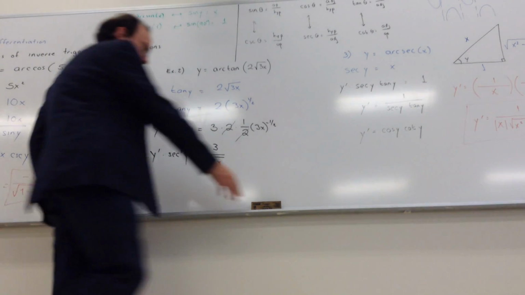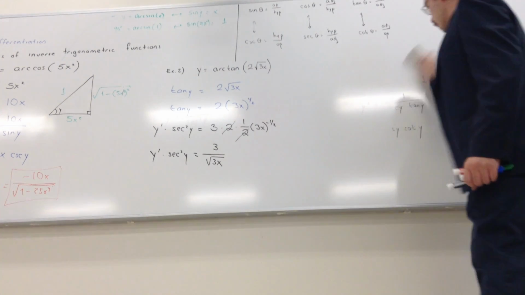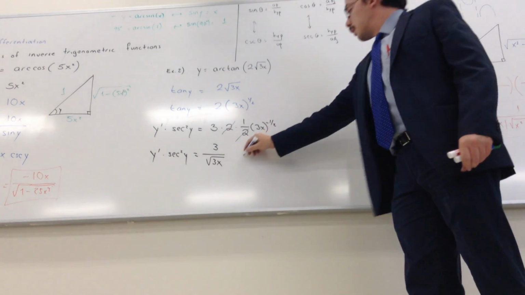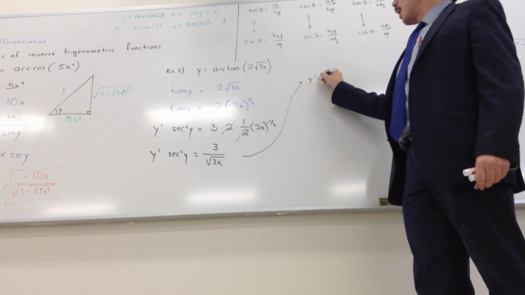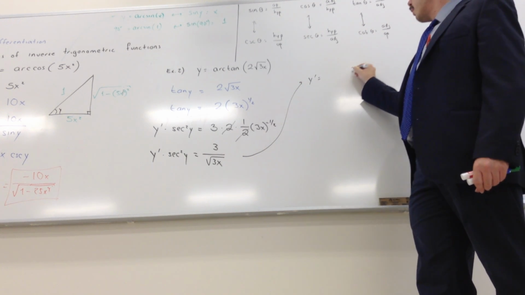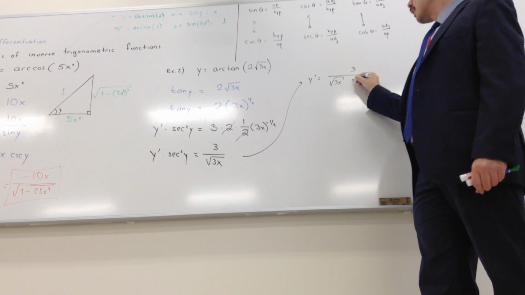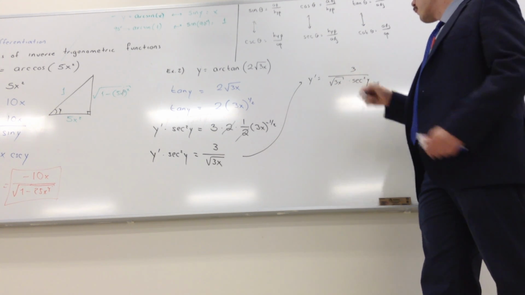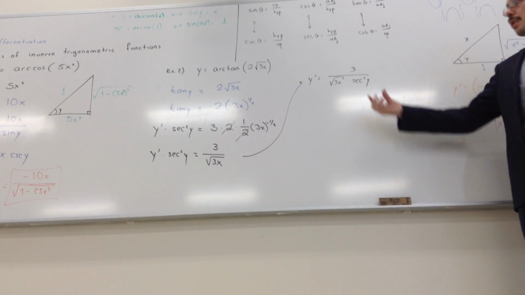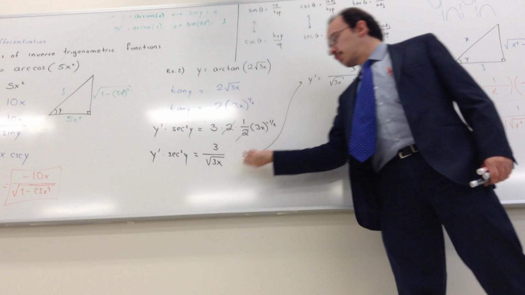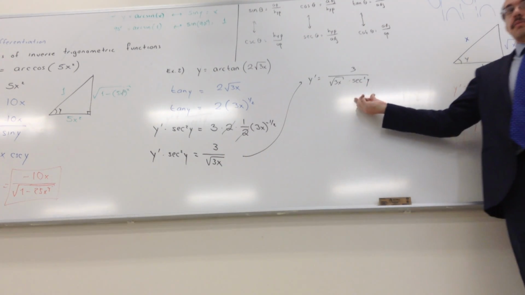Now what? You isolate the y prime. So y prime equal to 3 over square root of 3x times secant square of y. What did I put in the denominator? Because it was multiplying, it goes to the denominator because it's divided.